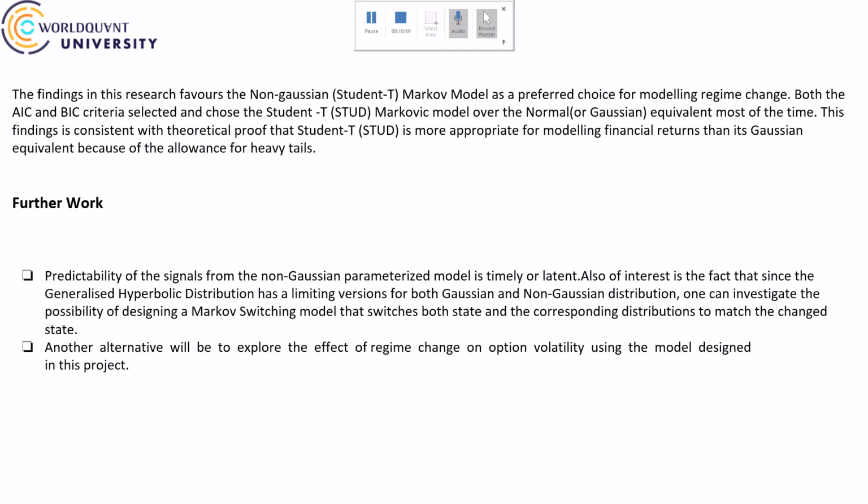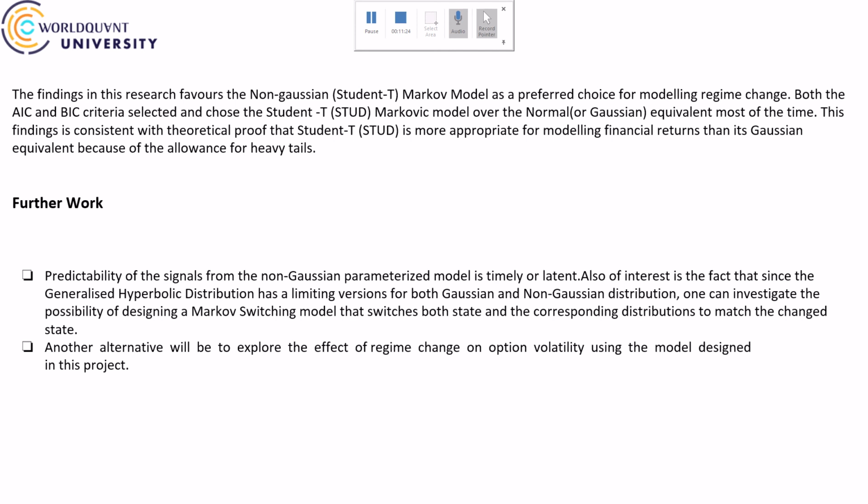One can investigate the possibility of designing a Markov switching model that switches both the states and the corresponding distributions to match the changing state. Another option would be to explore the effect of the regime change on option volatility using the model designed in this project.